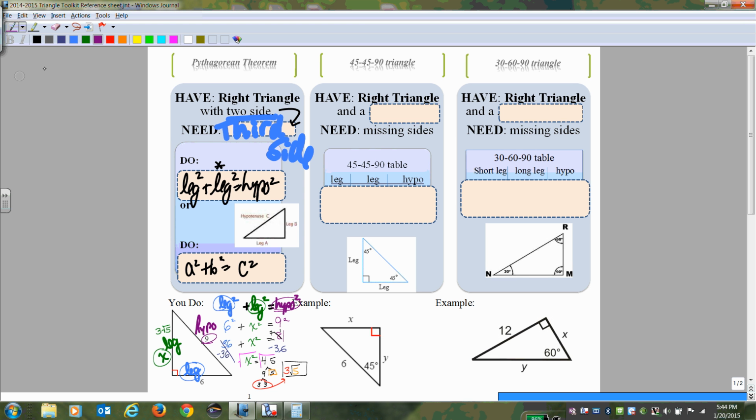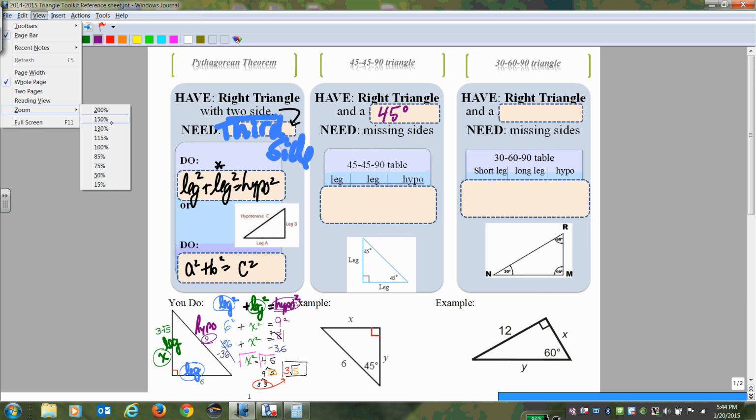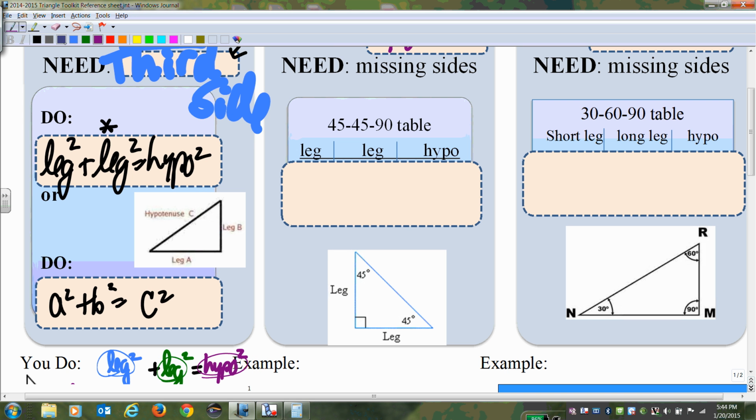Next one is if you have a right triangle with a 45-degree angle and you're going to use a missing side, that's where we use the 45, 45, 90 table. The 45, 45, 90 table is the legs are equal, leg equals leg.